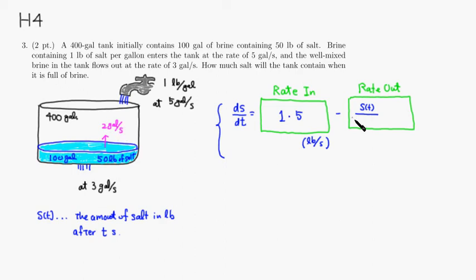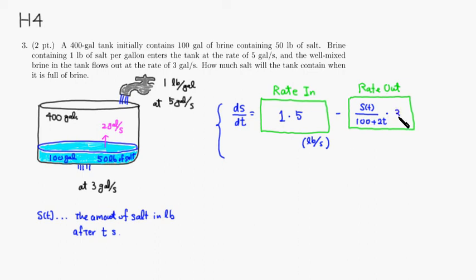So we can express it as 100 to begin with, plus 2 gallons times the number of seconds, so 2t. This will tell you the concentration of salt in the brine at time t. Then this is flowing out at the rate of 3 gallons per second.